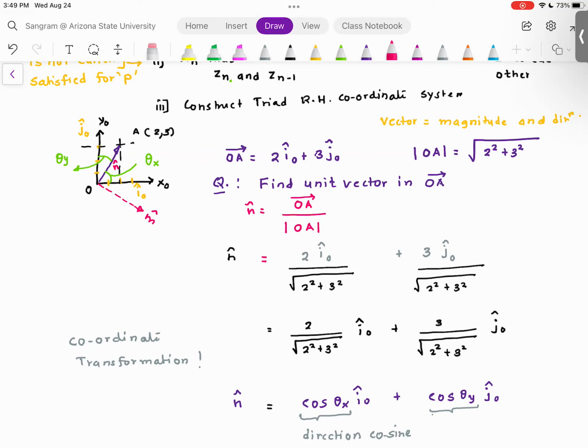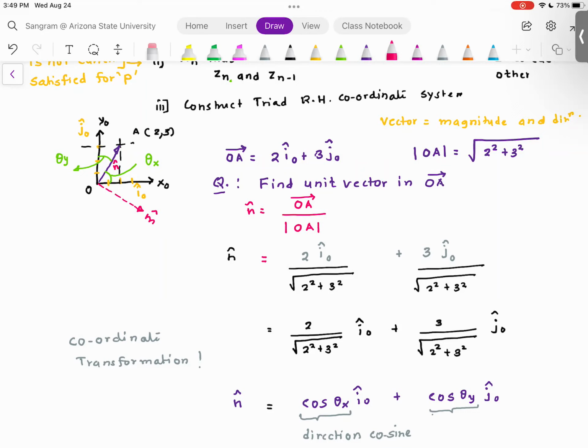How should I travel? In this particular case, it's super simple. You would simply say, no big deal. Just travel square root of 2 square plus 3 square. Take that distance and travel in the direction of n hat. Do you agree with me?